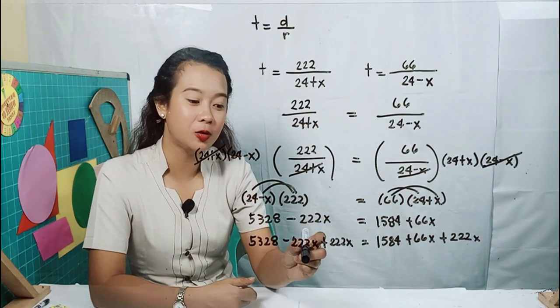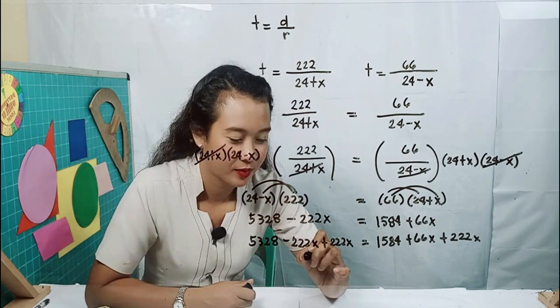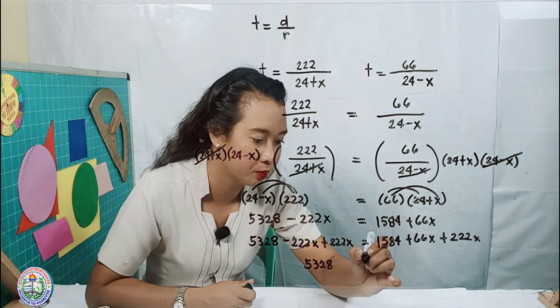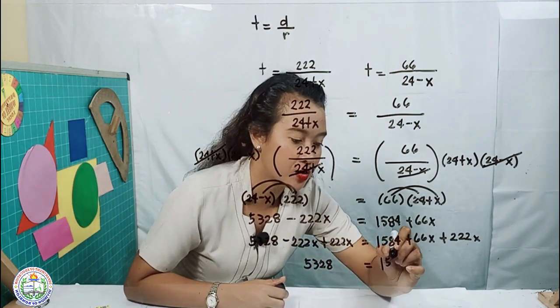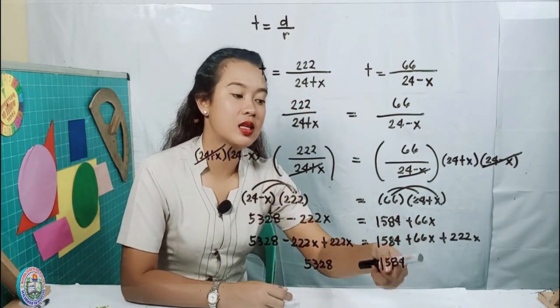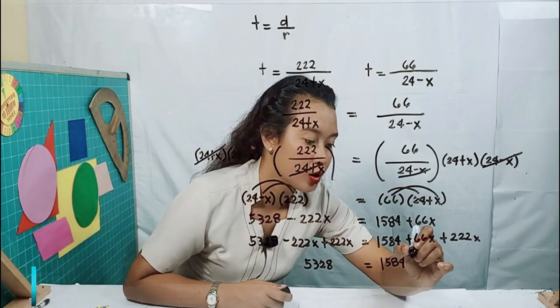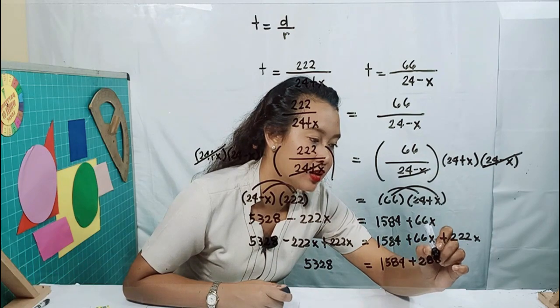Negative 222x plus 222x is 0. 5,328 equals 1,584. 66x plus 222x is positive 288x.